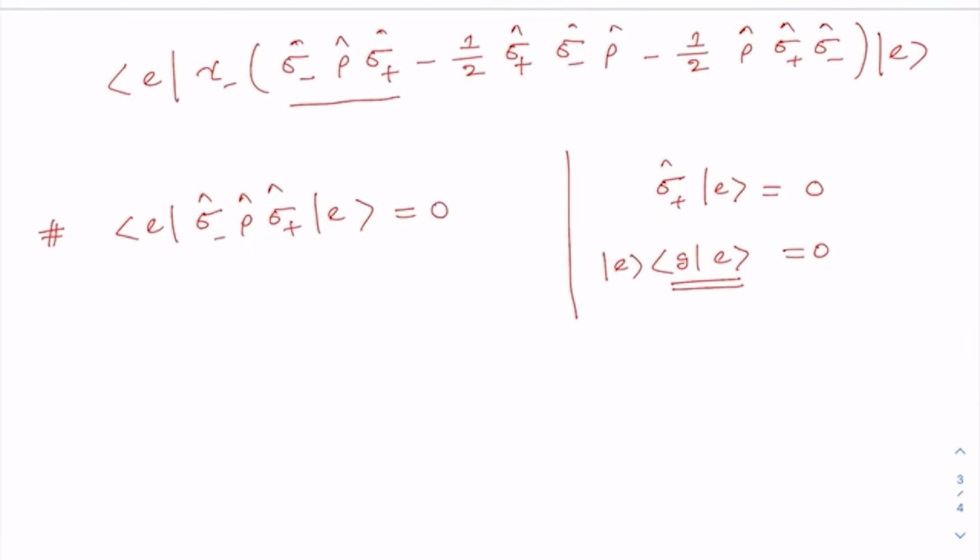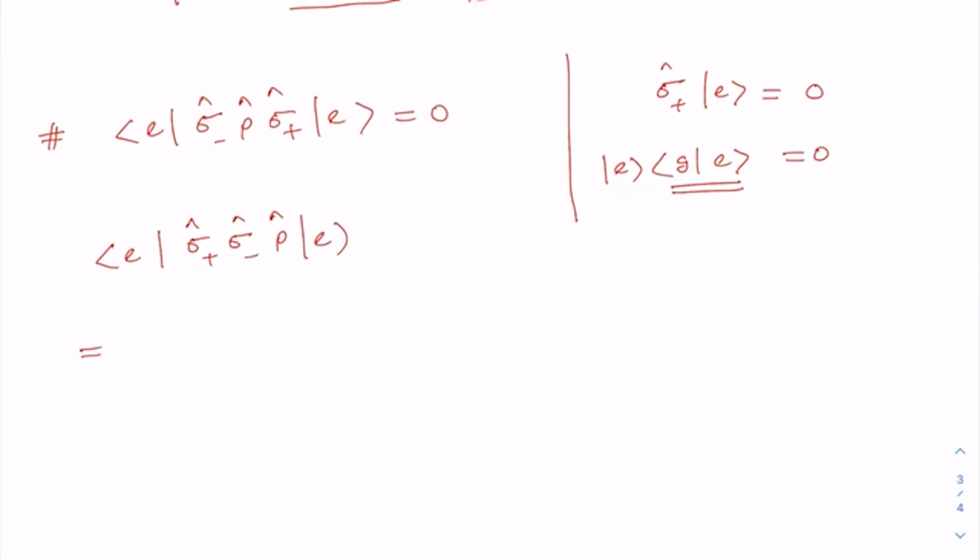Then we have to work out <e|sigma plus sigma minus rho|e>, this term. If I put the whole thing explicitly, then you will get <e|sigma plus, you are going from the ground state to the excited state, and sigma minus, you are going from the excited state to the ground state, and then here you have rho|e>.